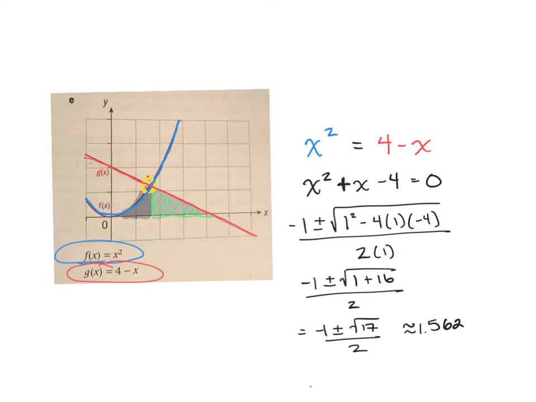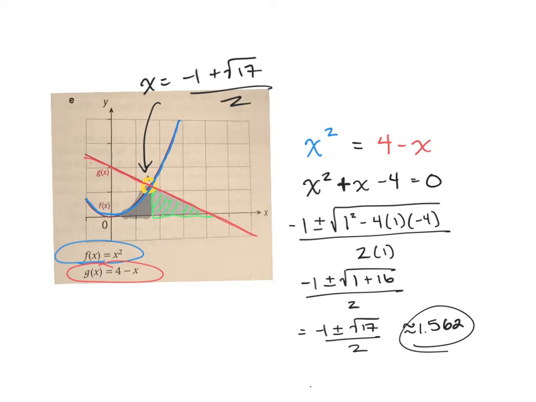So that right there, my friends, is x equals -1 plus the square root of 17 over 2, or about 1.562.